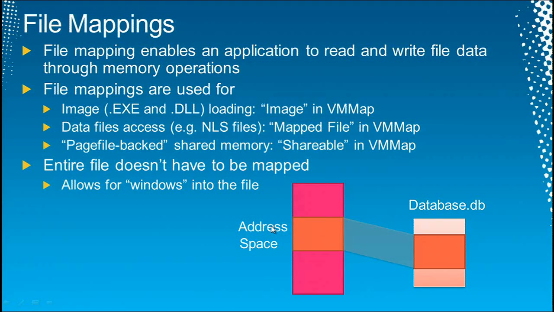This is the way that executables are loaded into memory. They're mapped into the address space. And so when Notepad first started up, notepad.exe was mapped into the address space. And then the first thread was created with a start address that pointed into that code section, one of those code sections like we saw in VMMap's image. And the thread starts executing there. Boom, it hits that first instruction. That causes a page fault.